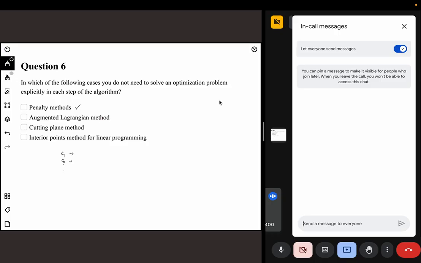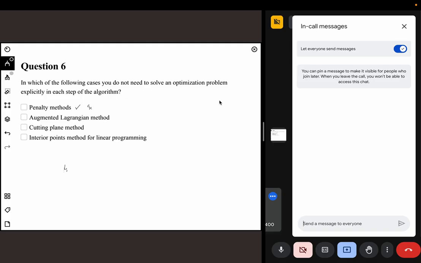What about the augmented Lagrange method? So am I iterating something there? In the penalty method, we are updating ck. In the augmented Lagrange method, ck is fixed, but we are changing something else.